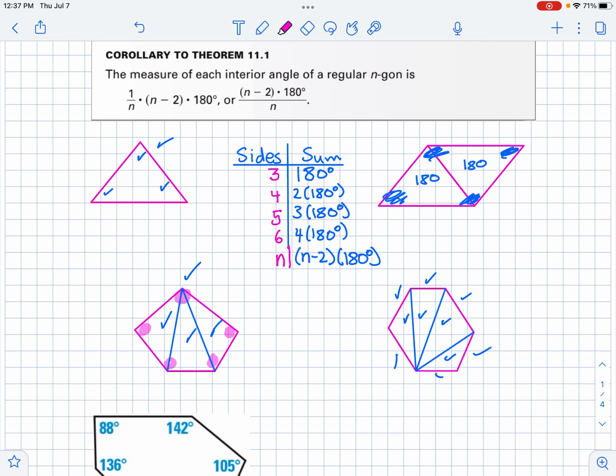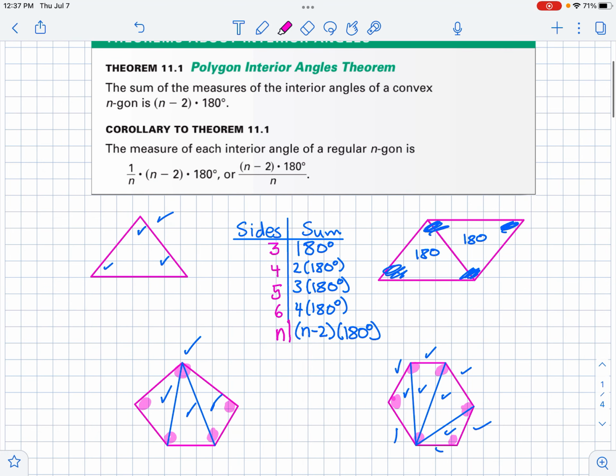So we're looking at the sum. For this other one over here, I can show you this one, this one, this one, this one, this one, and this one. Those are the angles that we add together to get this sum that we're looking for. Those are the interior angles.